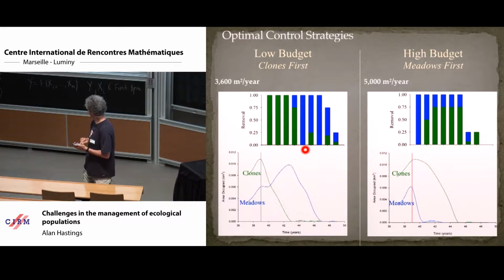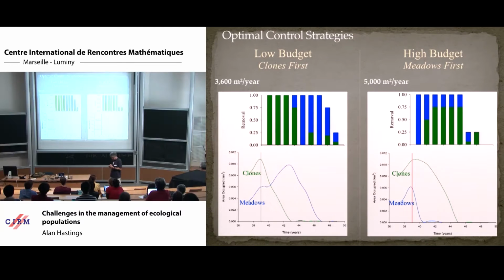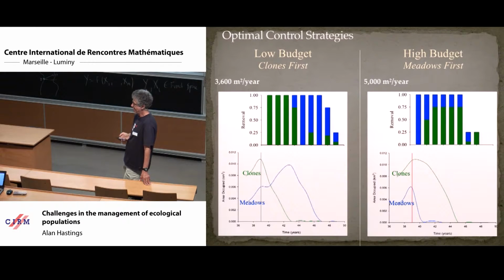Well, that's because in this year there really were no clones, because the clones came from the meadows, and so you've gotten rid of them all, et cetera. So basically, you go after all of one type to begin with, and then when there's no more of that type, then you go after the other type. And that's kind of interesting. It came out of this optimization approach, but we don't really know why.